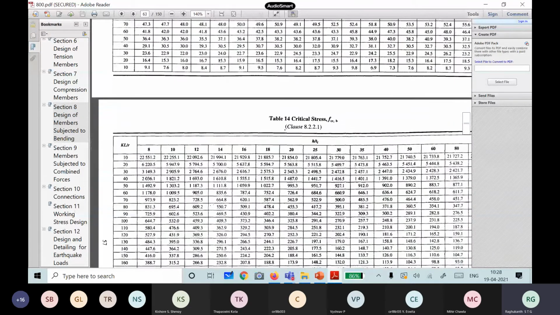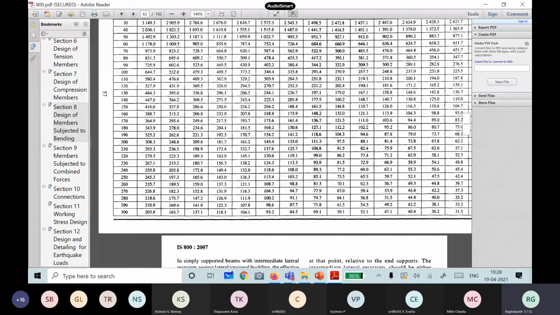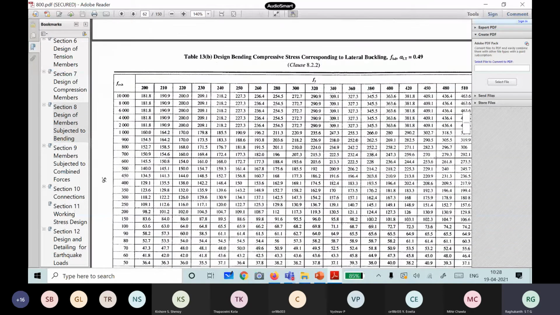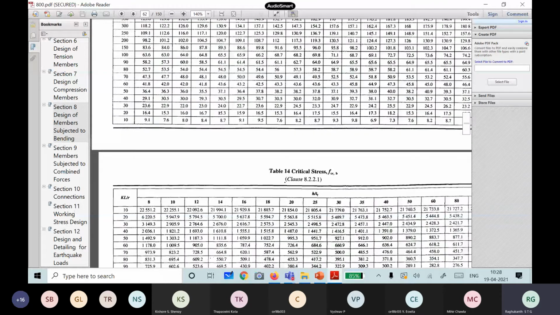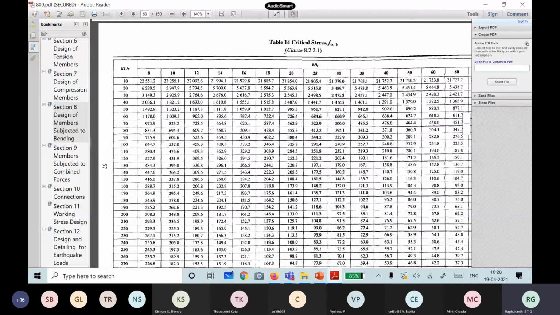The code also gives you one more thing, the critical stresses you can find out. Oh, sorry, I think I made a mistake, this is FCRB. Table 14 is there, and this is FBD, which you have to use. So this FCRB, this is the table you have to use to find out FCRB.